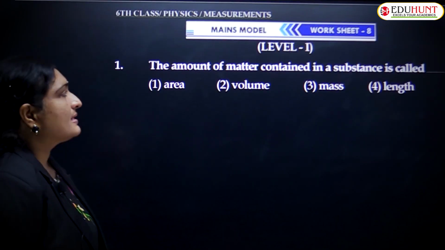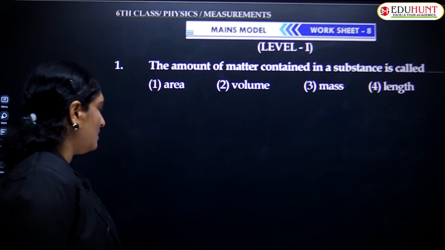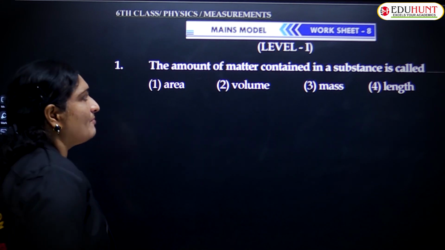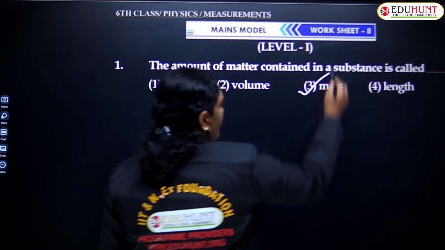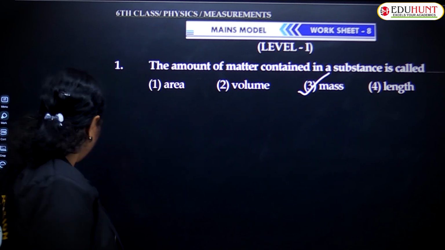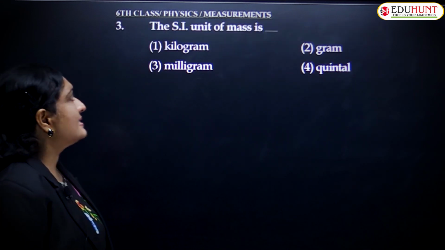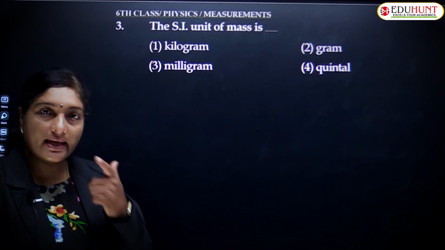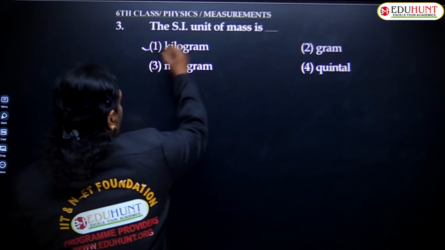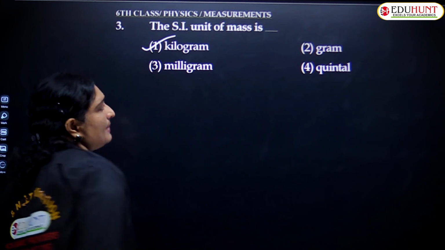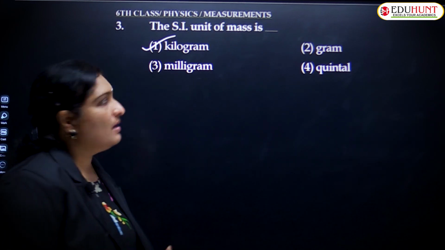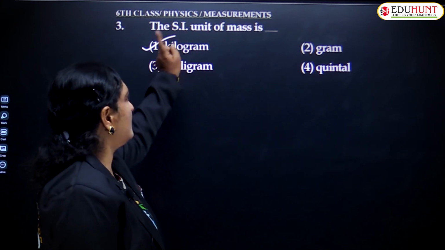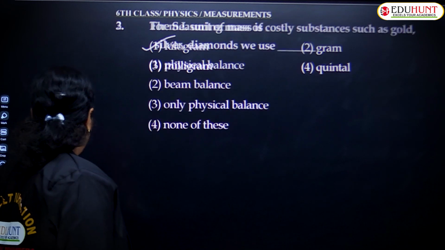The amount of matter contained in a substance is called, what is that called, children? The amount of matter contained in a substance is called mass. Very good. Next. The SI unit of mass is kilogram. Other units are milligram, gram, quintal, but the SI unit, the standard unit, is kilogram only. Next question.